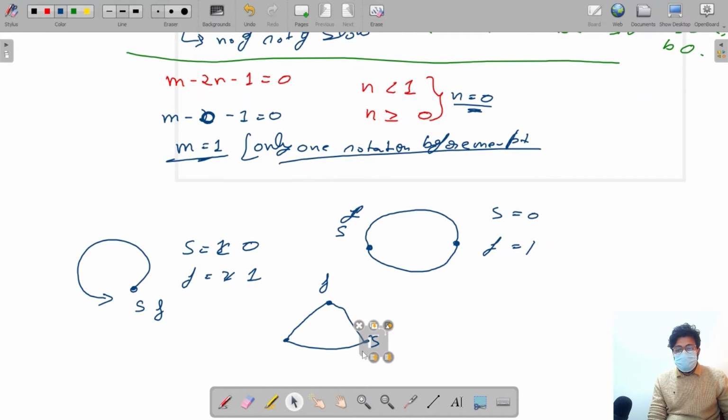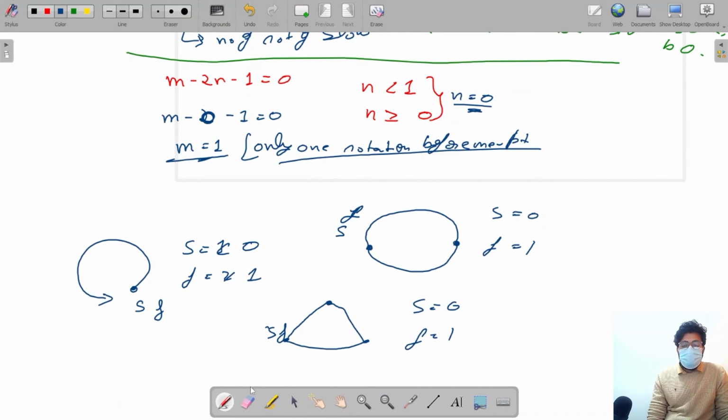Let's move S. Let's move F. One rotation is done. Let's move S. Let's move the second rotation. They again met. That means what? S is equal to 0. F is equal to 1. Right?